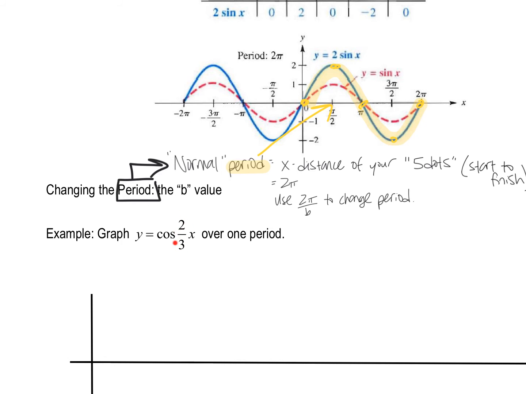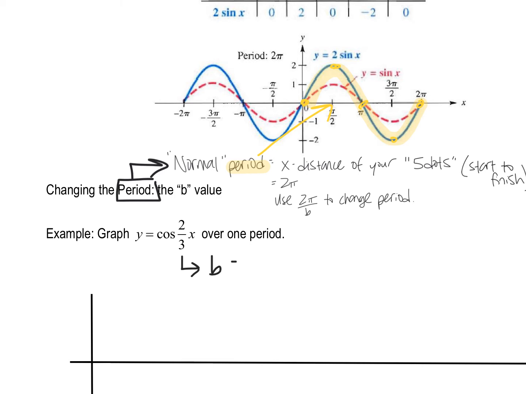So this 2/3, I'm gonna plug into my formula right here for the B value, and that is gonna help me figure out my X values. What I do know is that instead of having 0, pi over 2, pi, 3 pi over 2, and 2 pi, those X values are going to be different on this graph because this number is not 1. Okay, so I'm going to make a little note.